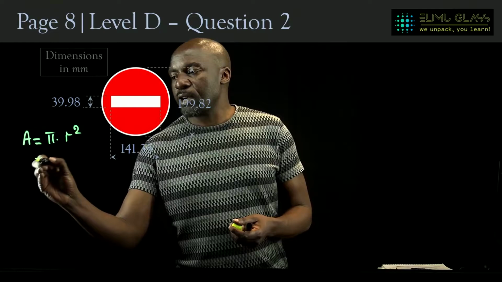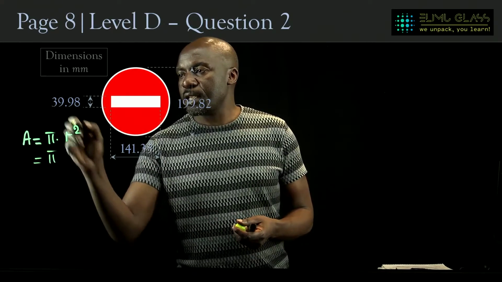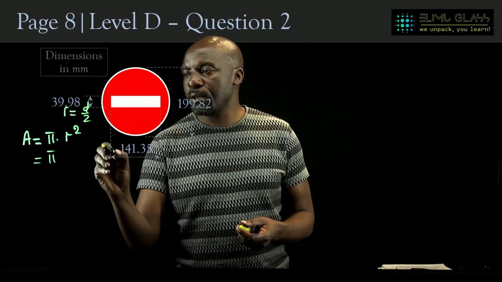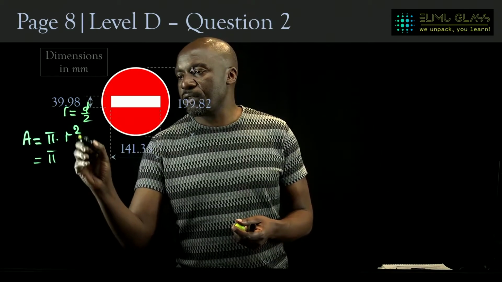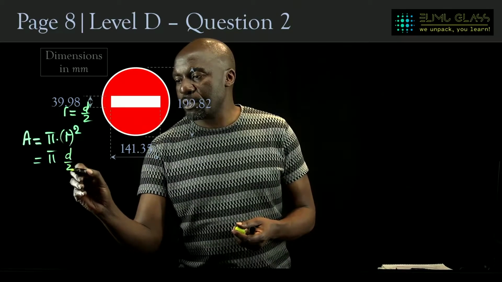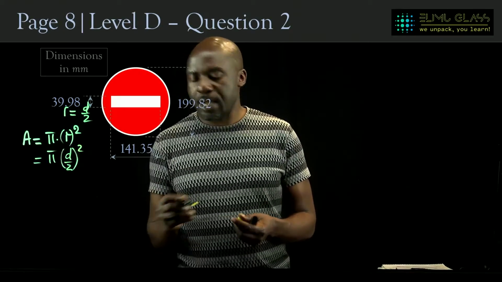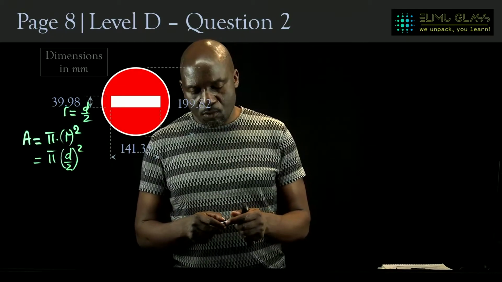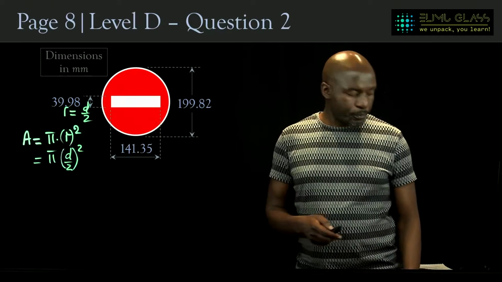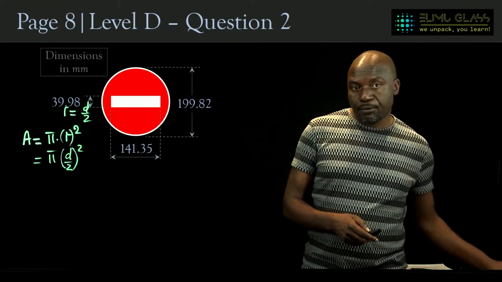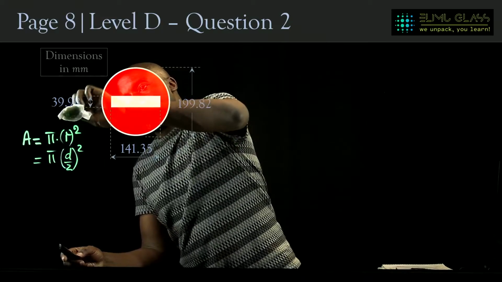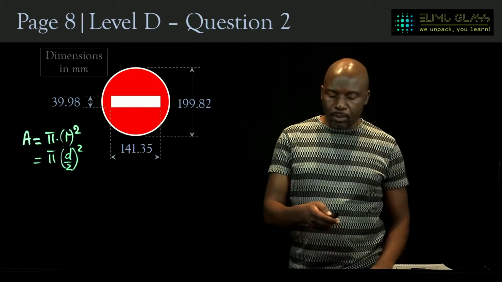We can also write it with the radius as the diameter divided by 2, so pi times diameter divided by 2, all squared. Okay, so that's one way of finding the area of the circle. So we're going to use that rule there.